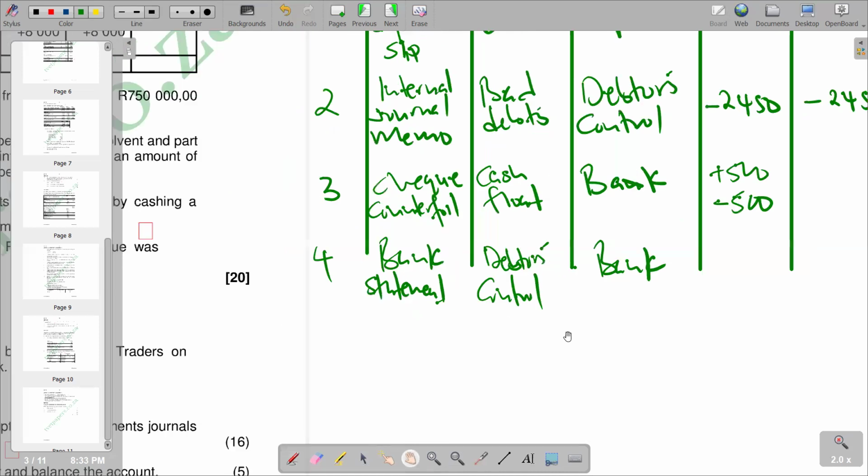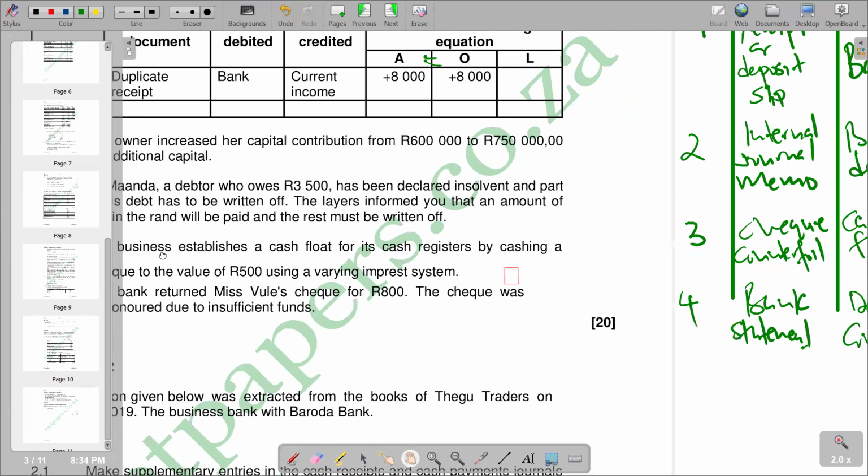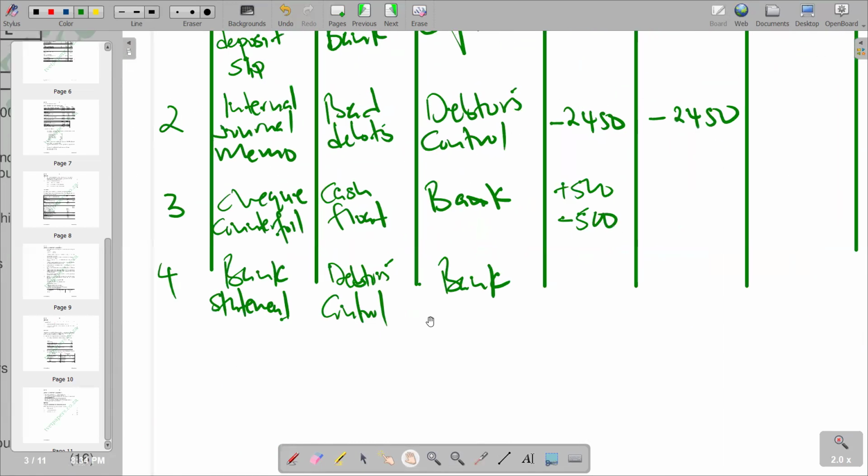Debiting an asset, it's a plus, and the amount that is involved is 800 here. So you've got a plus 800 under assets. And then by crediting our bank, it's a minus, so we're going to have a minus 800 under assets again. So plus 800 and minus 800 under assets.